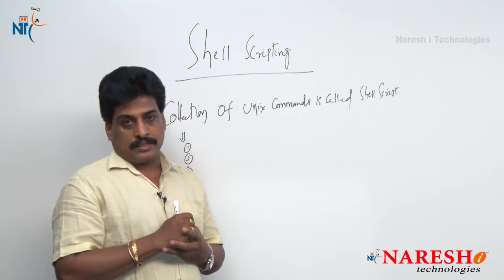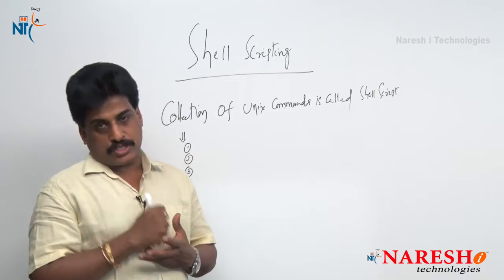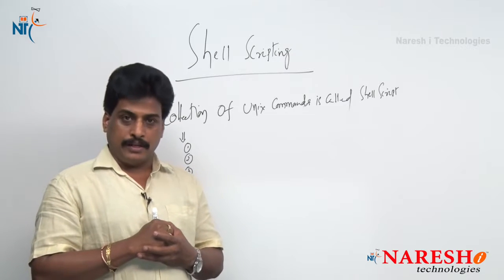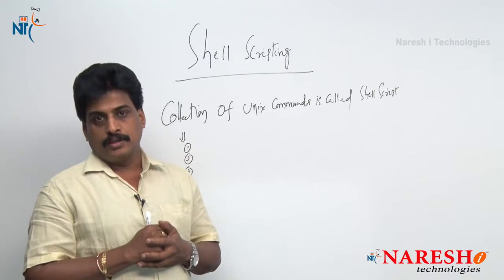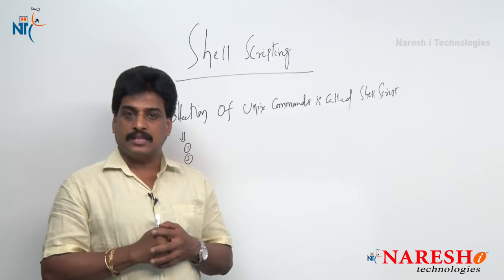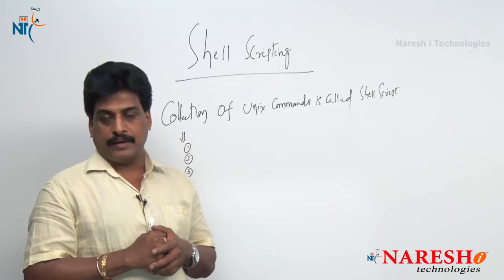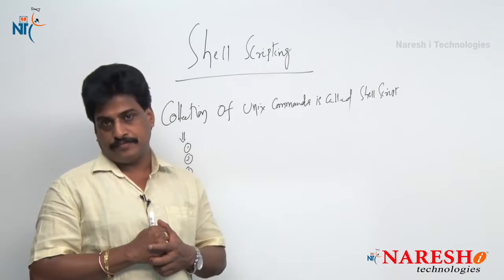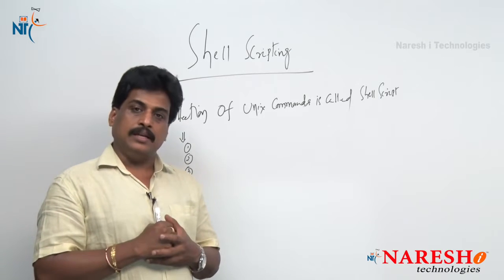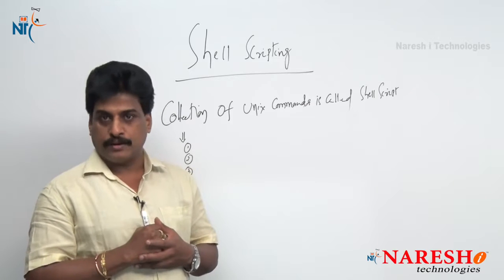Standard shell is nothing but sh. This is popularly known as Bourne shell or bash shell. The shell scripting in 1970s was implemented by Stephen Bourne with the help of C syntaxes. So basically bash shell is the default shell.